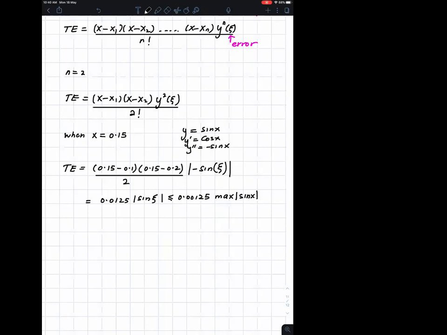So now I need to put TE in the absolute sign, because we are ignoring all the negative signs.